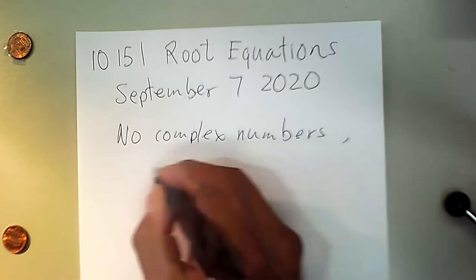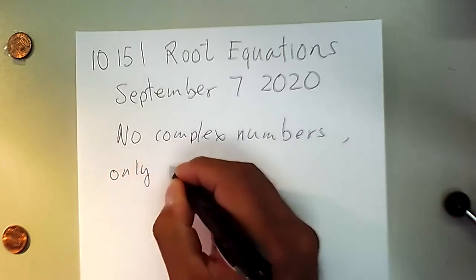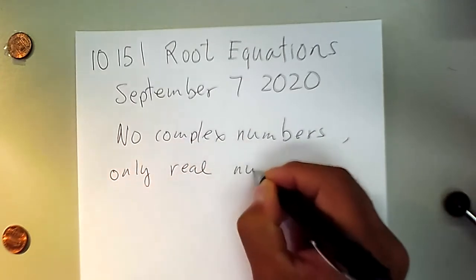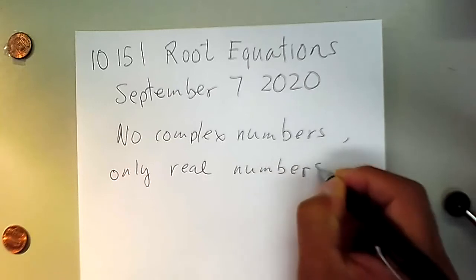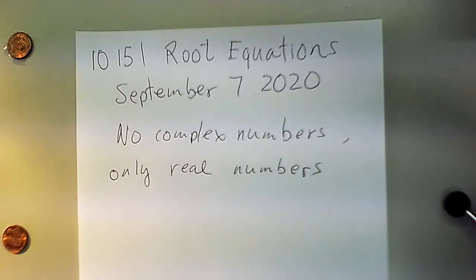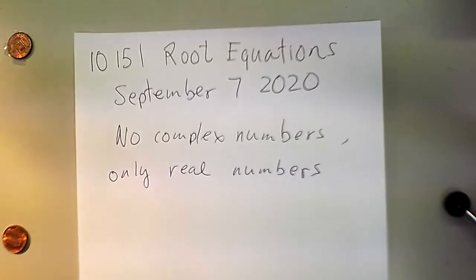Only, comma, only real numbers. Otherwise, things start getting out of control if we take roots and we allow complex numbers to get in.